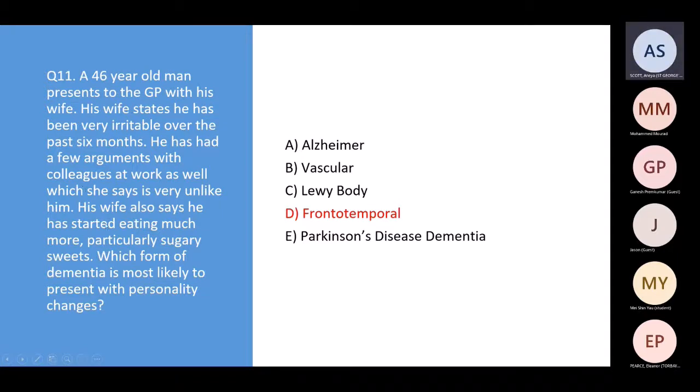Personality changes, I guess that's the point of this question, but personality changes are the most common in frontotemporal, and they can become quite aggressive. It's a really hard type of dementia to manage because it's young people with personality changes, and they can become a bit disinhibited and eat loads of sugary sweets is the classic thing.